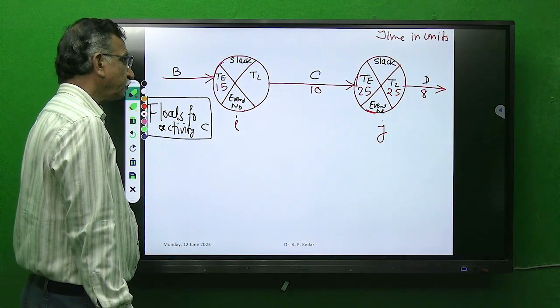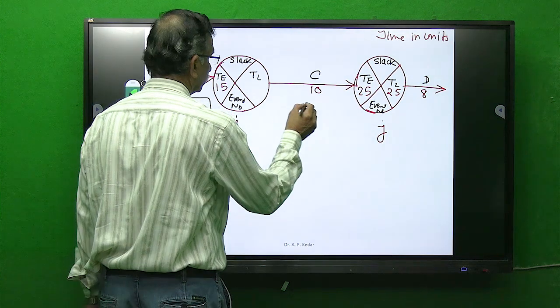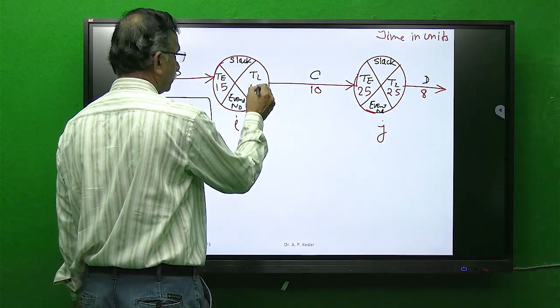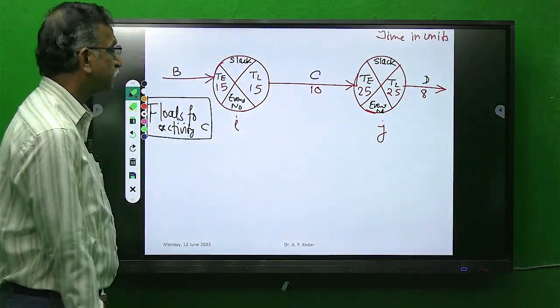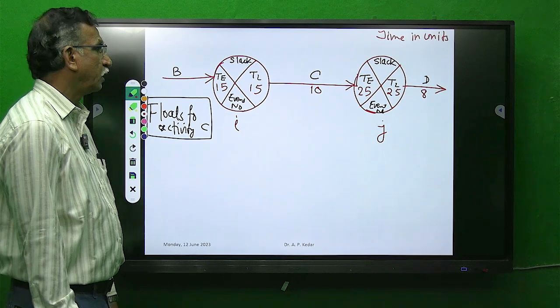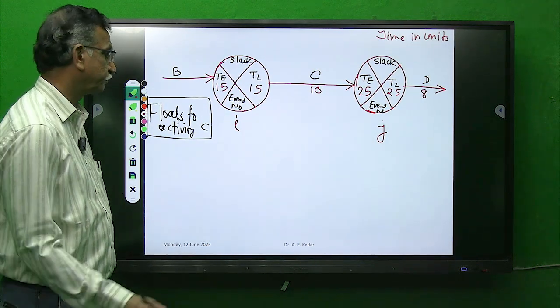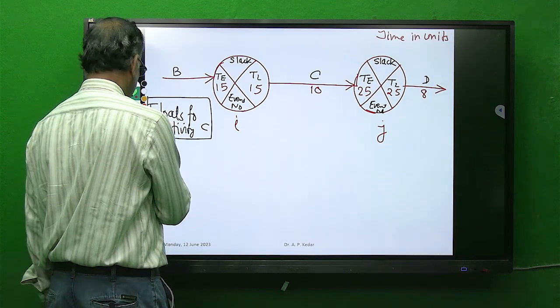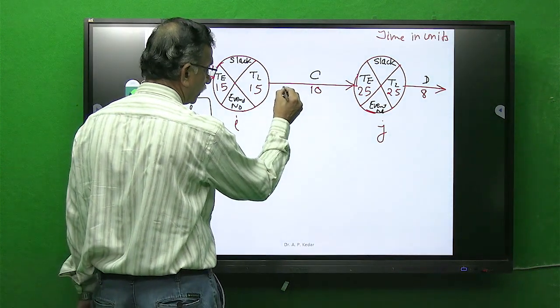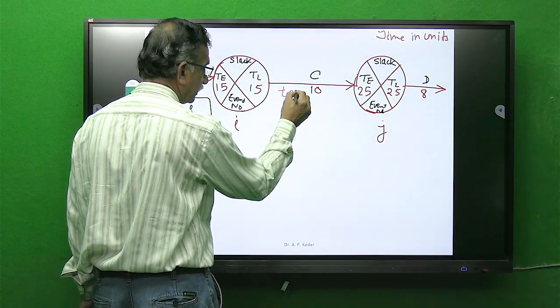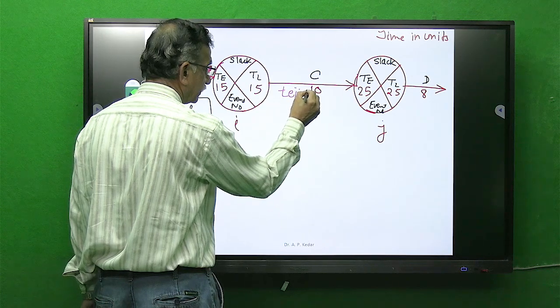Now, with these values, let's try to understand the concept of float. This value I will be writing, this is indicating Tij.